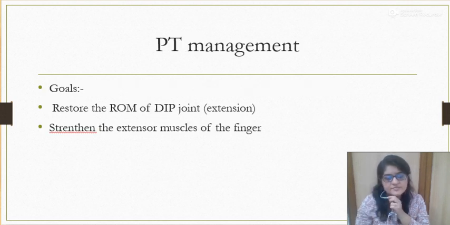So for the PT management, the goals will be restoring the range of motion at the DIP joint. That will be the primary goal initially, and next will be to strengthen the extensor muscles of the finger.